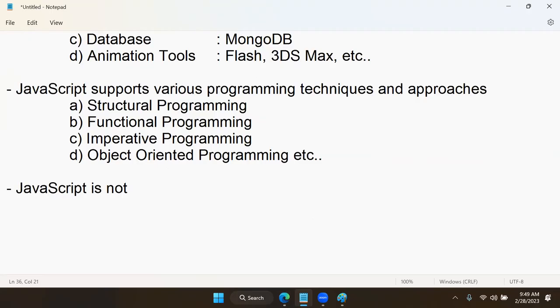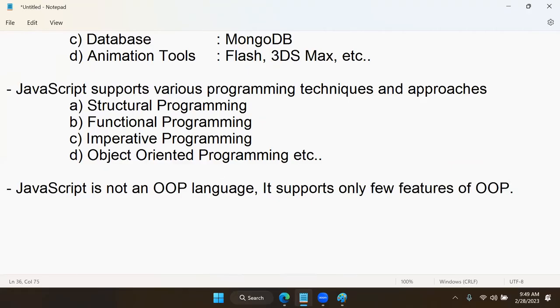JavaScript is not an OOP language. JavaScript is not an object-oriented programming language. It supports only a few features of object-oriented programming. If I am saying that JavaScript has object-oriented features, it means it has some features.